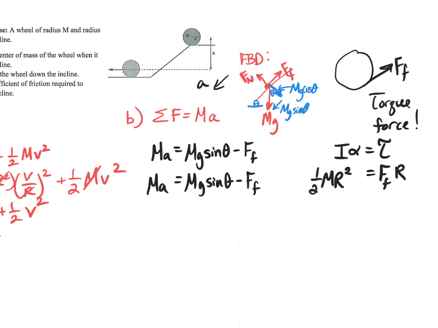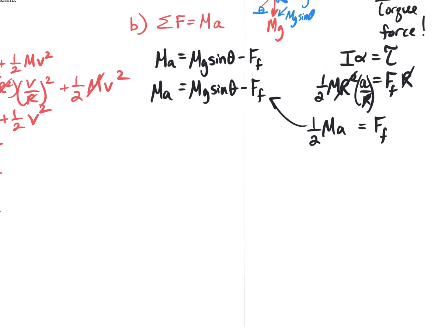Well, alpha is what? A over r. So what we're going to find out is that all the r's go away. So we actually have the force of friction is equal to 1/2 ma, and that we can plug in right there. That makes this a much easier problem.